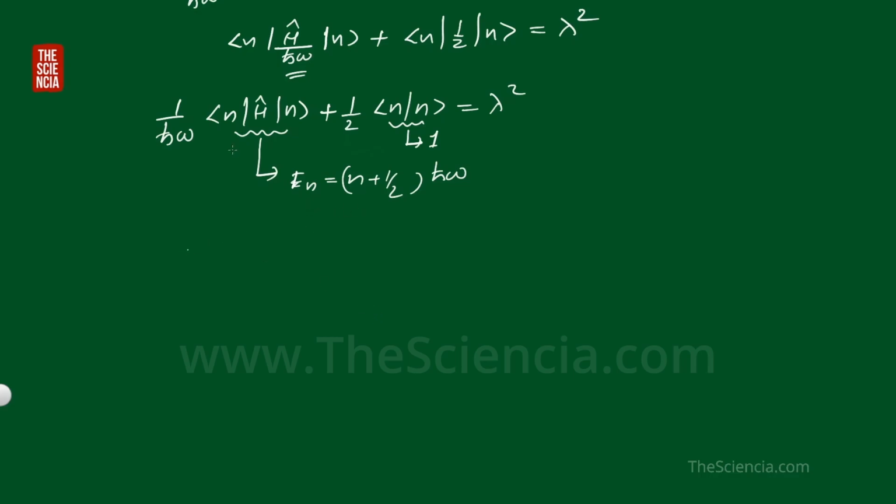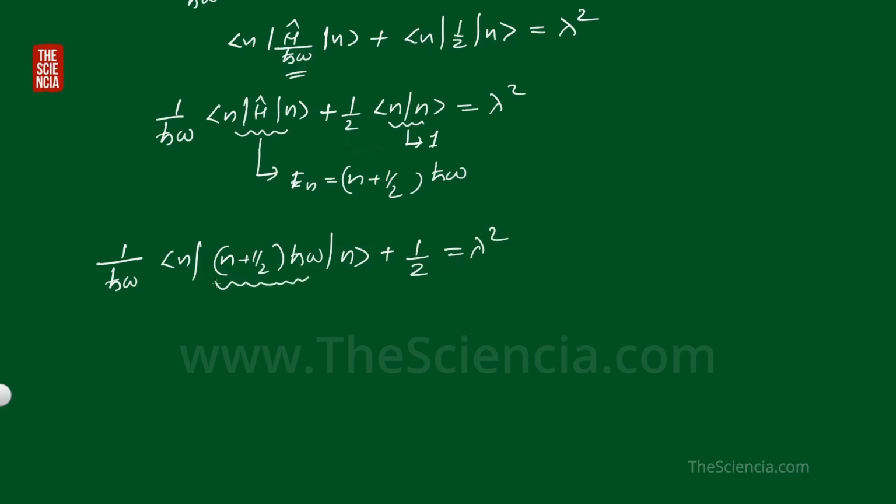So we can substitute this value in this expression, that is 1 by h cross omega bra n plus half into h cross omega into ket n plus 1 by 2 is equal to lambda square.